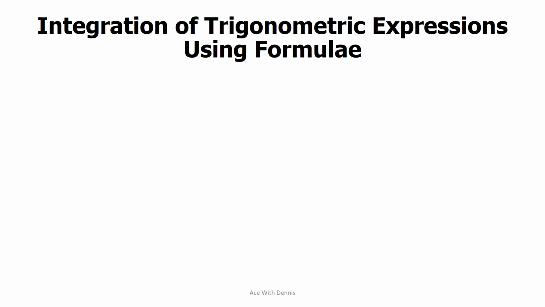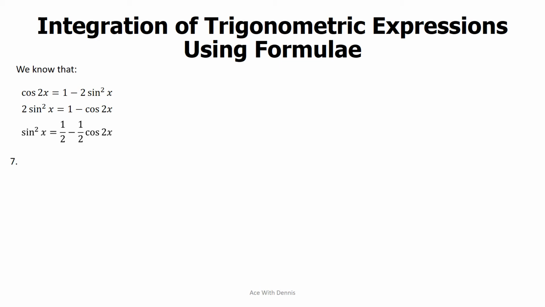Now, let's learn how to integrate more complicated trigonometric expressions using formula. We know that cosine 2x equals 1 minus 2 sine square x. From here, we want to make sine square x the subject, so we get 2 sine square x equals 1 minus cosine 2x. Therefore, sine square x equals half minus half cosine 2x.